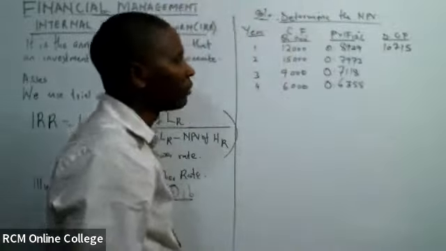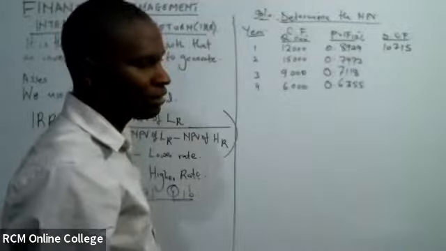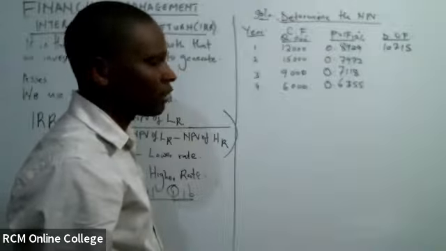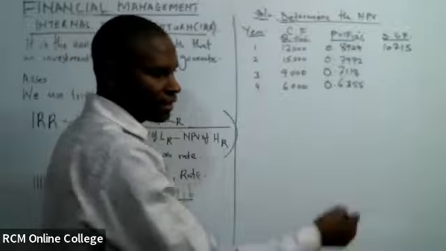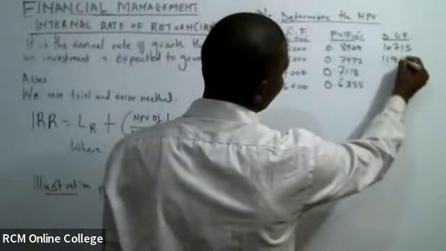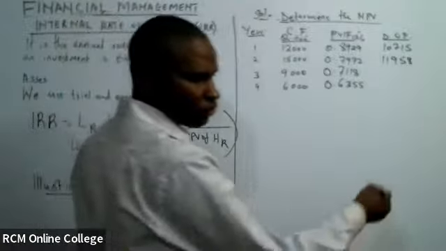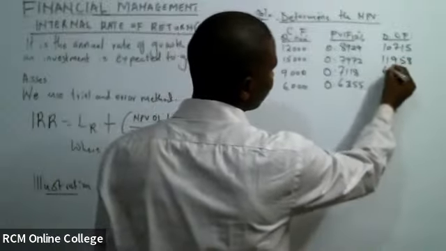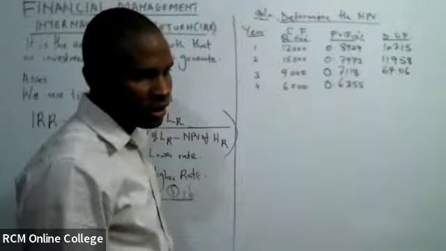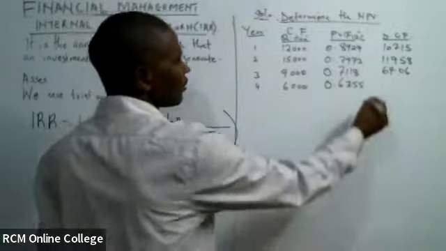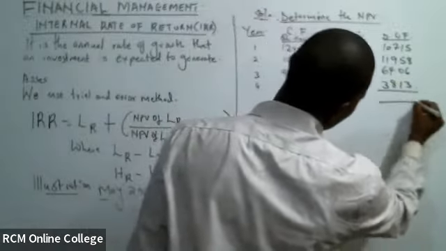The second, and remember we said speed is key, that one guides our mind very well. 15 times that is 11,958. We are at the third: 6,406. The fourth: 3,813. Let's see who will be the first one to give us the total.